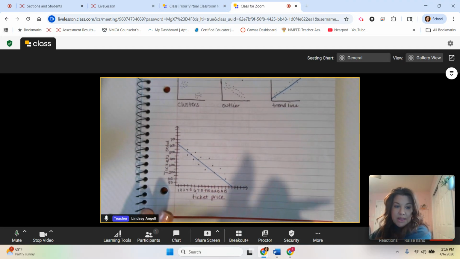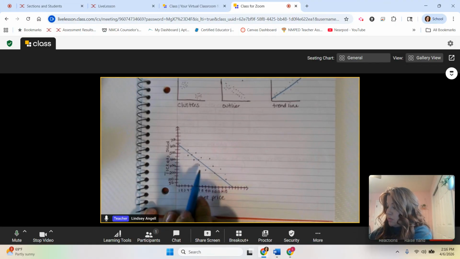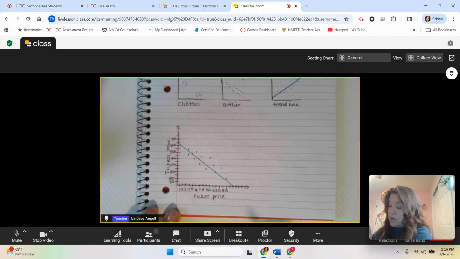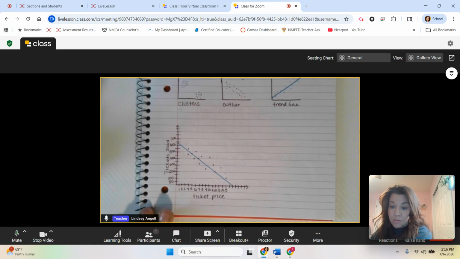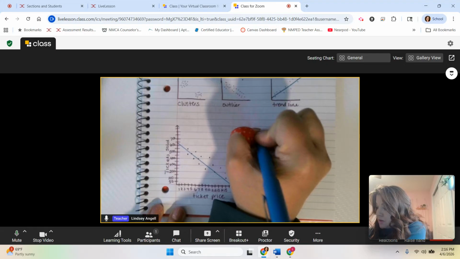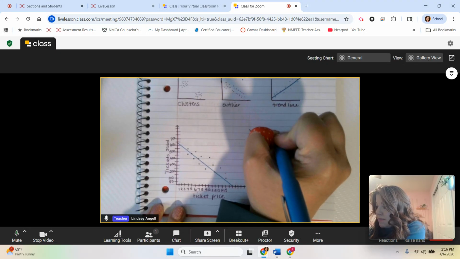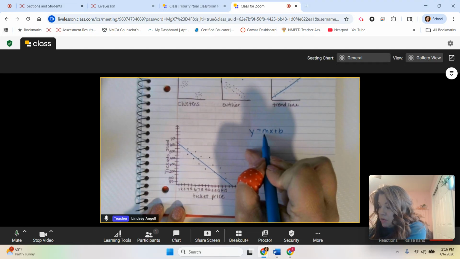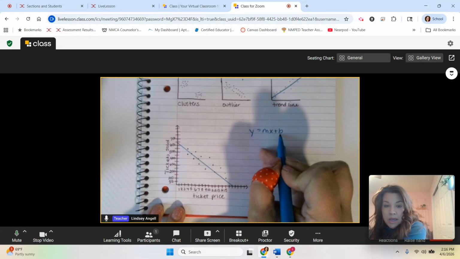Now with this, there's a few things we could do. We could find the slope of this, which we're going to do, because a lot of times you're going to be asked to write an equation for it in slope-intercept form. Remember, slope-intercept form is y equals mx plus b. For that, we need the slope of the line, and we also need the y-intercept.